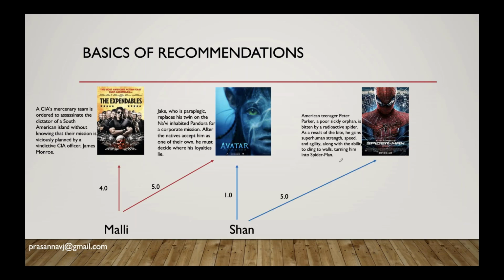The second user, let's say Shan, is also interacting with the movies, but he did not watch Expendables. He watched two other movies, Avatar and Spider-Man. Somehow he didn't like Avatar, so he gave 1.0 as a rating. But he liked Spider-Man very much and gave 5.0.